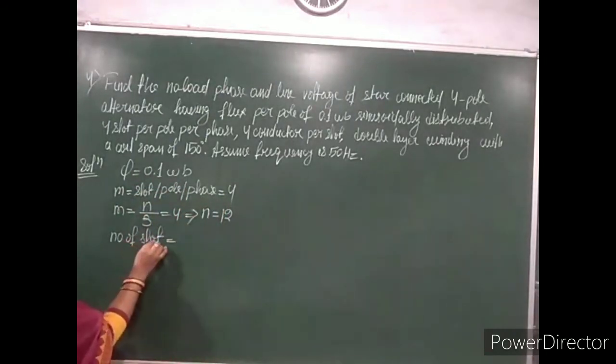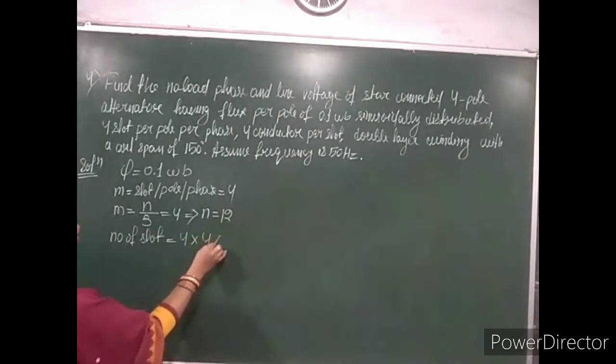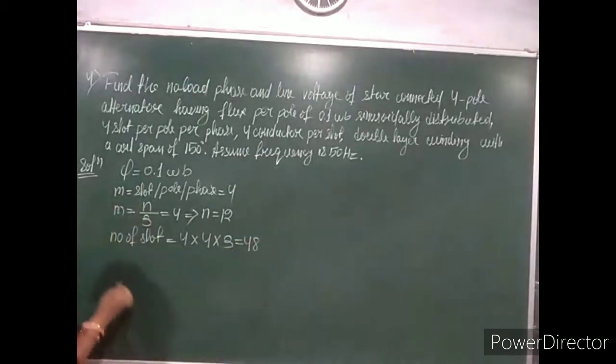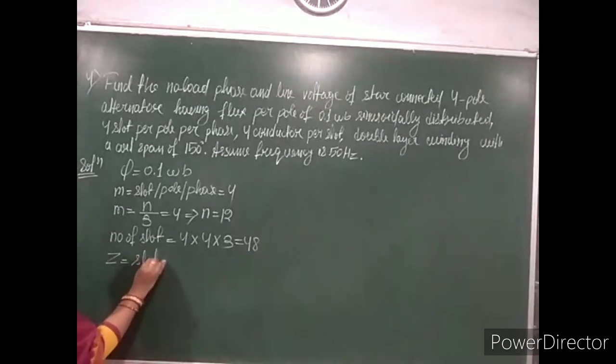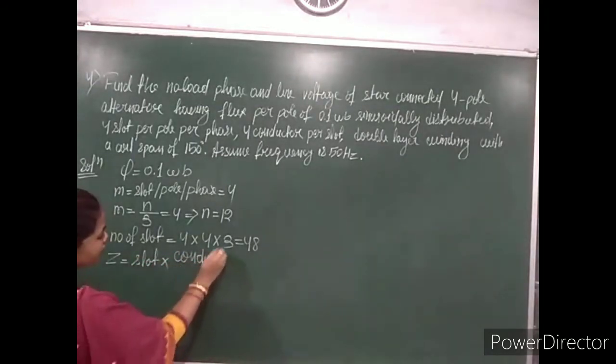So number of slots is 4 into number of poles into number of phases, which gives 48. So the total number of conductors present in the given alternator is number of slots into number of conductors per slot.